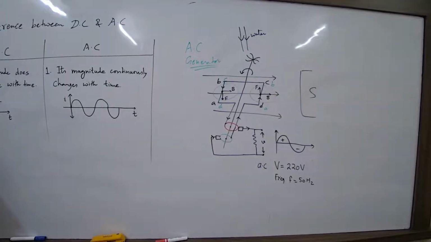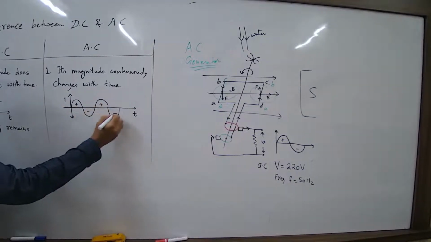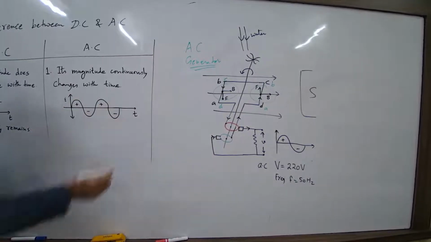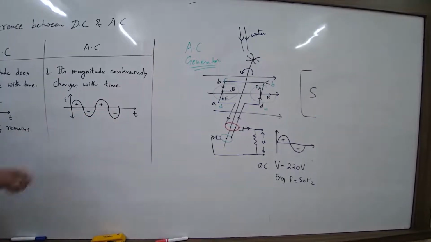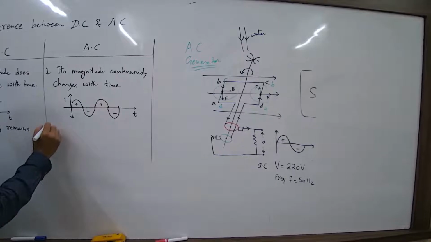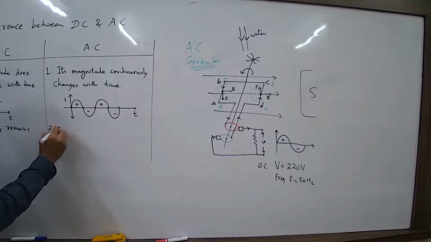Second is its polarity. For DC, its polarity remains the same. Right? Here for AC, for some time it is positive, for some time it is negative. So its polarity changes periodically. After every fixed time, its polarity will change. So in 1 second, 50 times it will be positive, 50 times it will be negative.